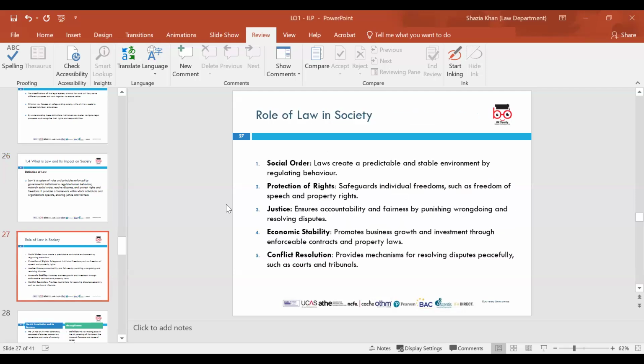The role of law in society, like we said, is to protect individuals. It provides this framework for individuals to follow. Social order, it keeps this behavior for everyone. It sets out your human behavior. It protects individuals as well, protection of rights.